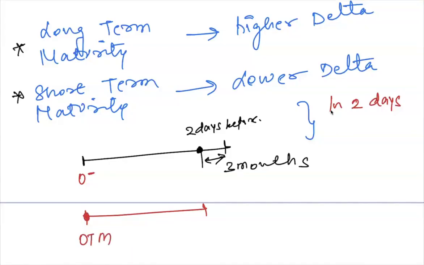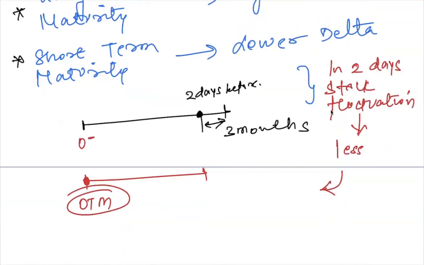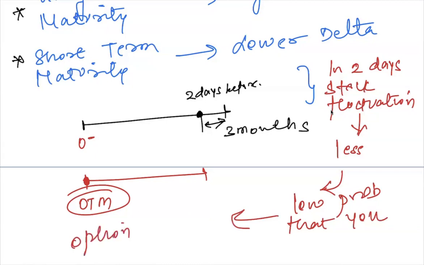In 2 days, the stock fluctuation will be really less. And that's why there's a very low probability that your option will expire in the money.